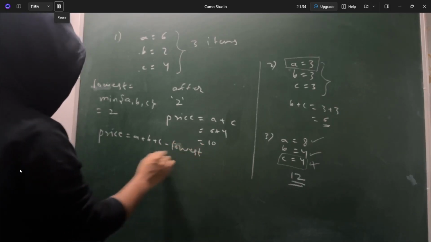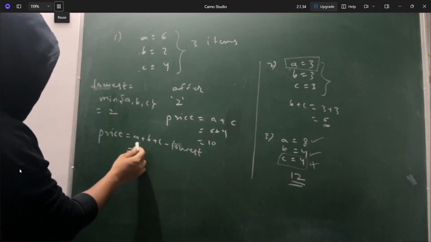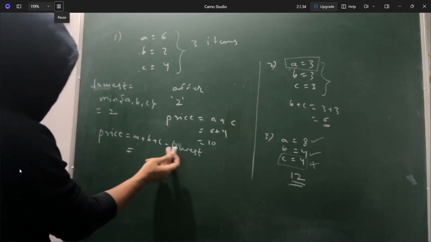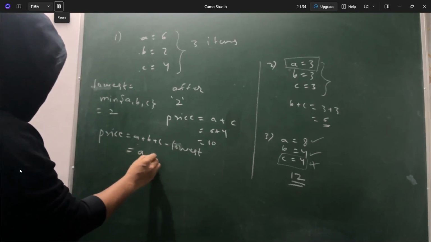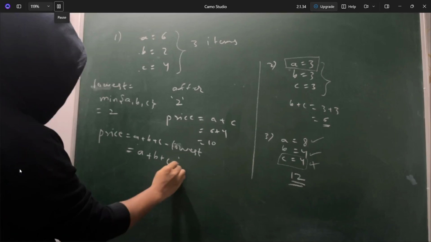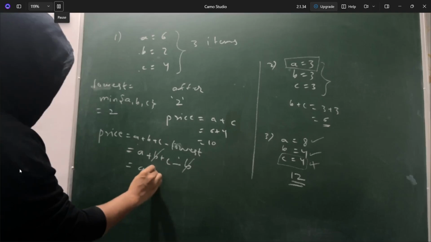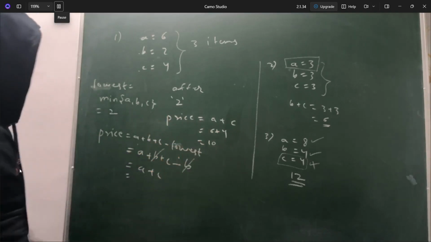So you will be adding all the prices, and whichever is the minimum, you will be subtracting. In this case, you have A plus B plus C, but your minimum is B, so you subtract it and you will be paying A plus C, which here is 10.